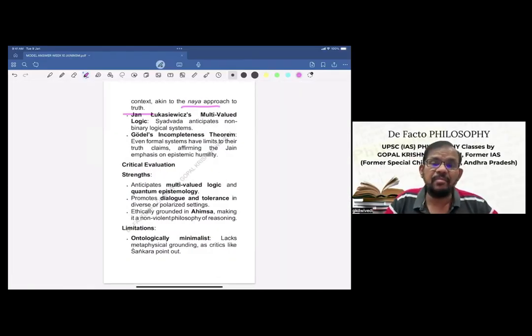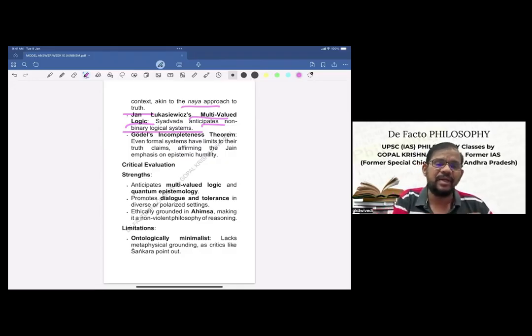Then another modern logician, Jan Lukasiewicz, and multi-valued logic. He says that Syadwad anticipates non-binary logical systems, because in modern logic they have found that logic can be other than binary also. So they say that the Jaina Syadwad anticipated that non-binary logical system.